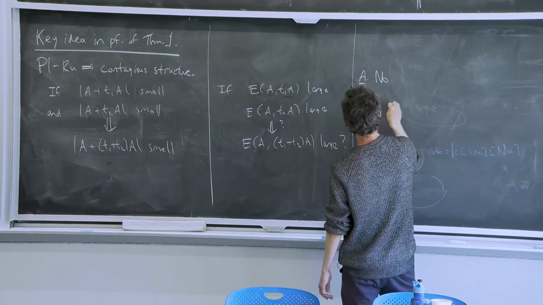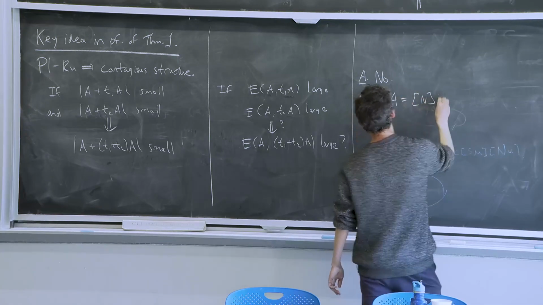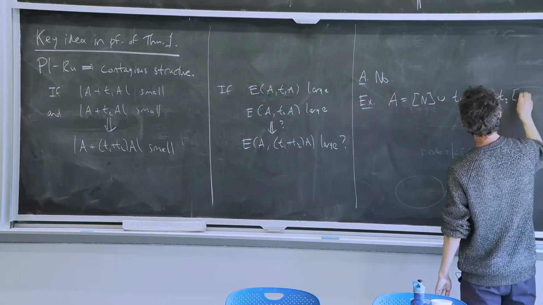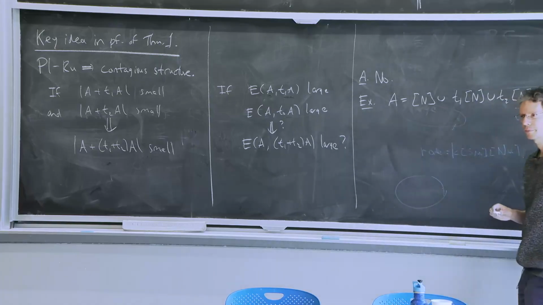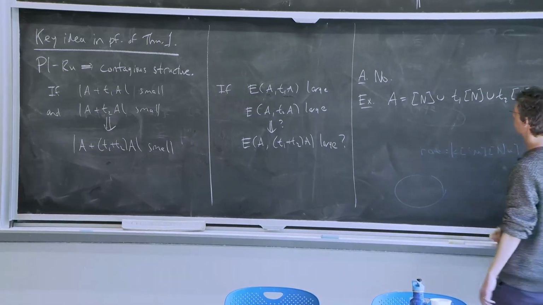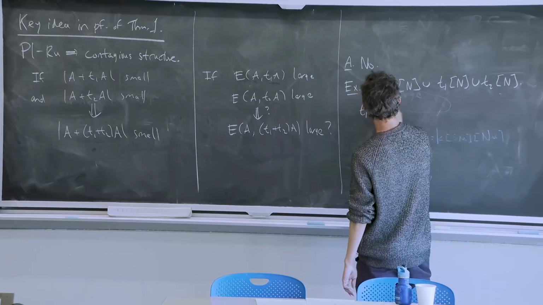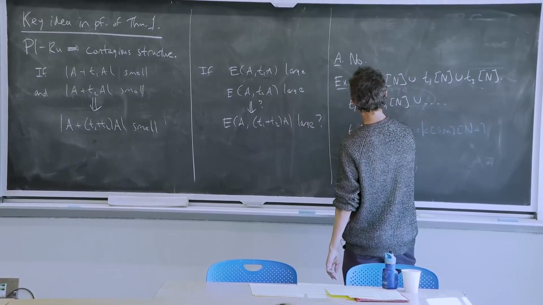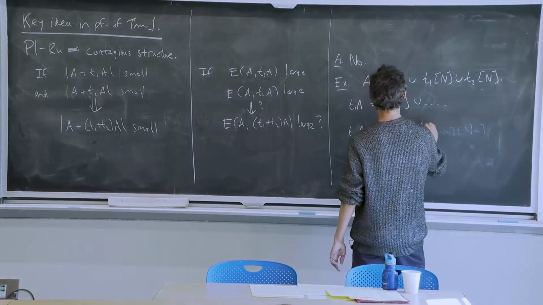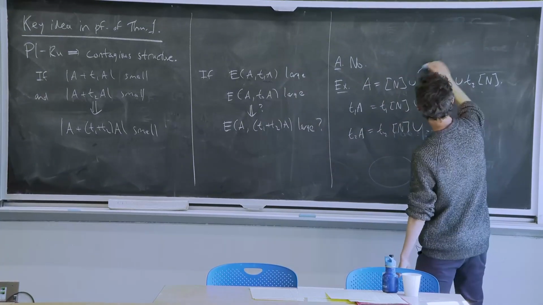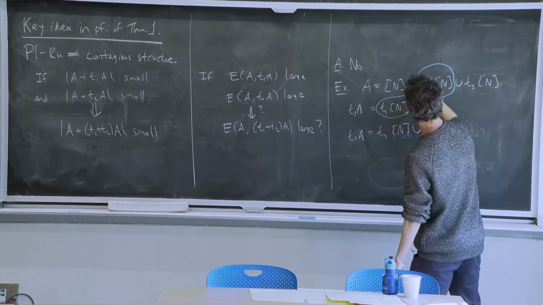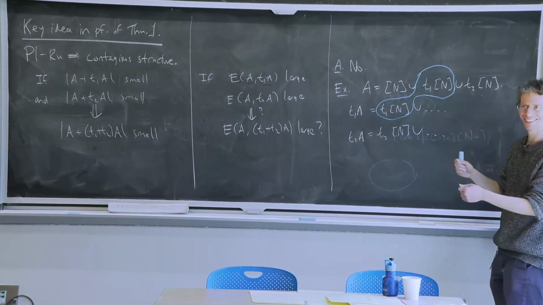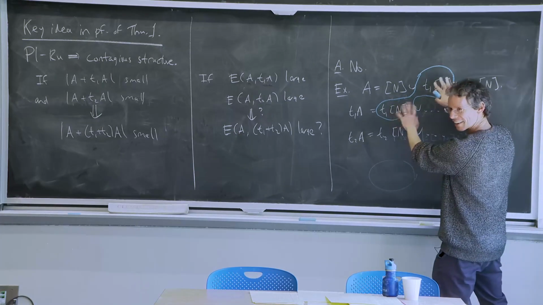Here's the example. A might be the numbers up to n, union t1 times the numbers up to n, union t2 times the numbers up to n. Then t1A is t1 times the numbers up to n, union dot, dot, dot. t2A is t2 times the numbers up to n, union dot, dot, dot. So these two are very friendly, not just because they're the same as each other, since not everybody who's the same as each other is friends, but because they have a lot of additive structure.